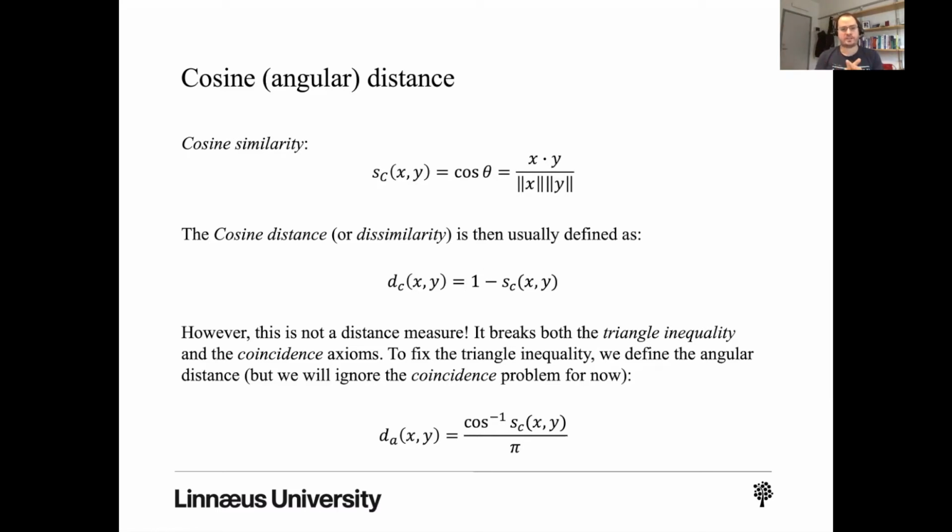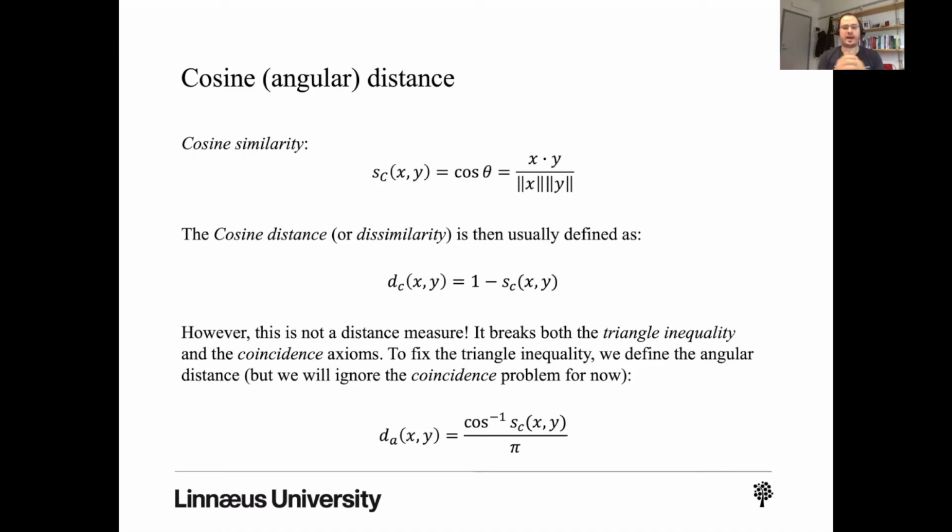However, this is not really a distance measure because it breaks both the triangle inequality and the coincidence axioms. The triangle inequality breaks because the similarity can be negative, so it's not shaped in a way that is only positive.